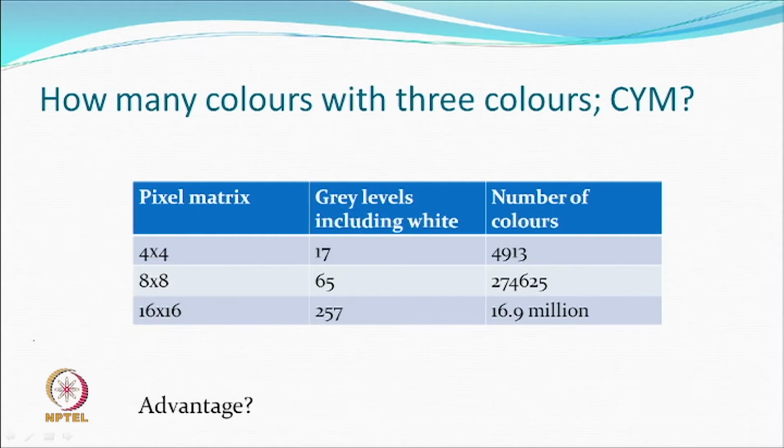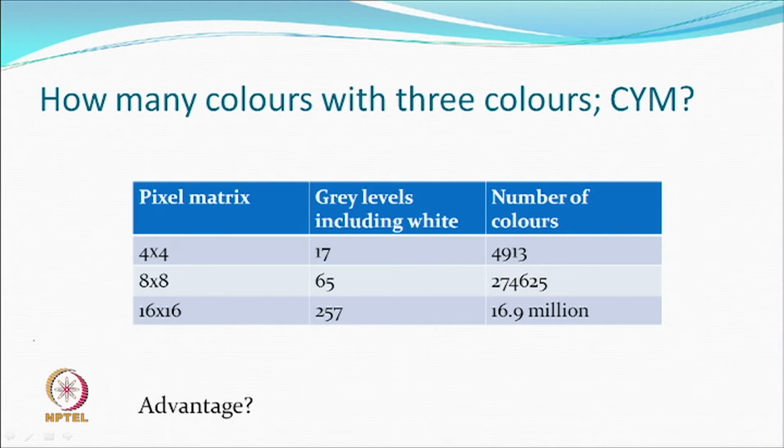So, theoretically, if you have a 4 by 4 matrix, the gray levels in a 4 by 4 will be 17, and if you have only 3 colors and not taking black also, which itself is a color, you can still produce a number of perceptive colors of almost 5,000.